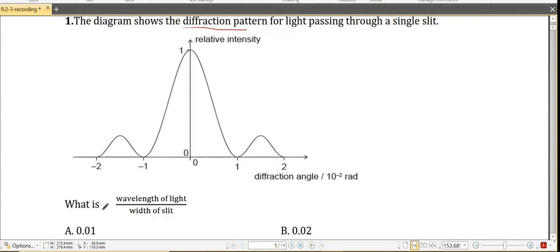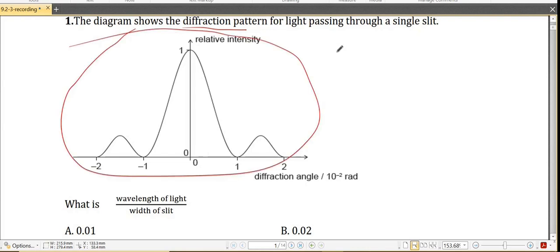Now, the question is asking for the wavelength of light upon the width of the slit. When you see this intensity pattern, it's extremely clear that this is talking about single slit diffraction.